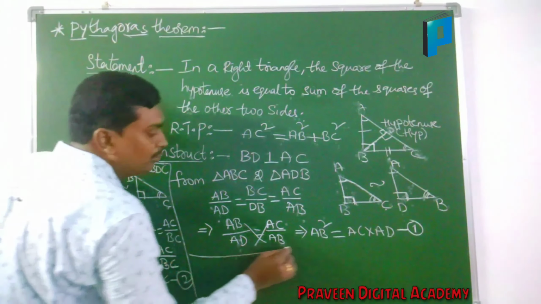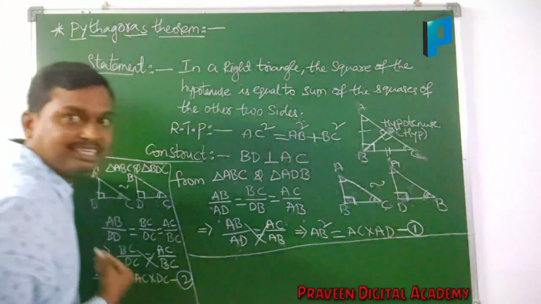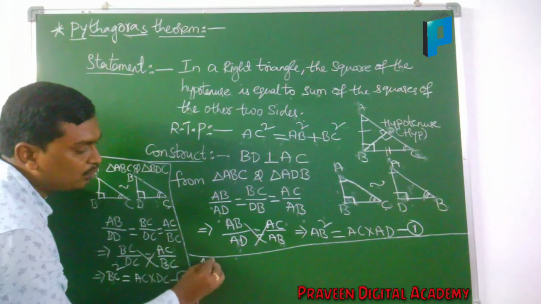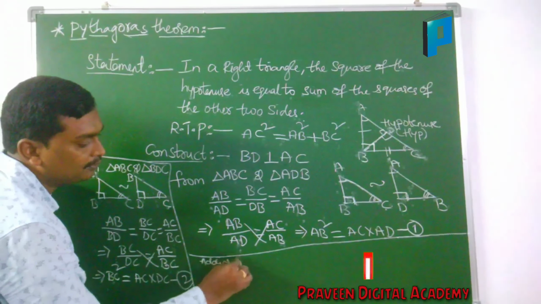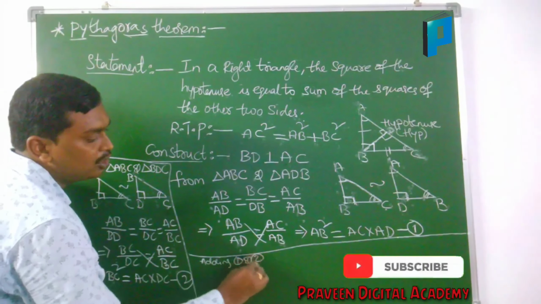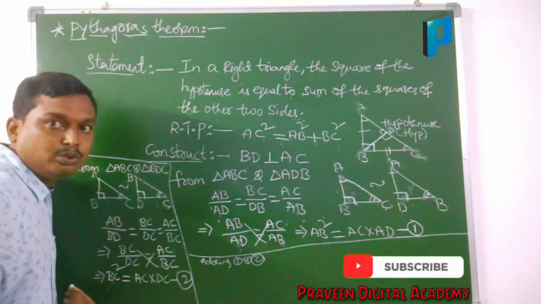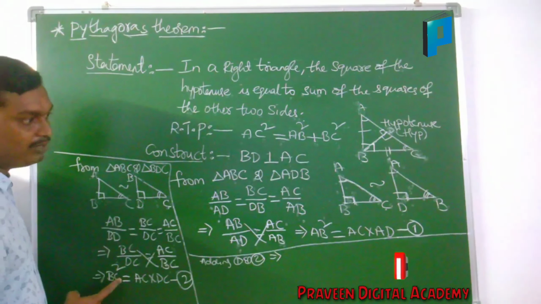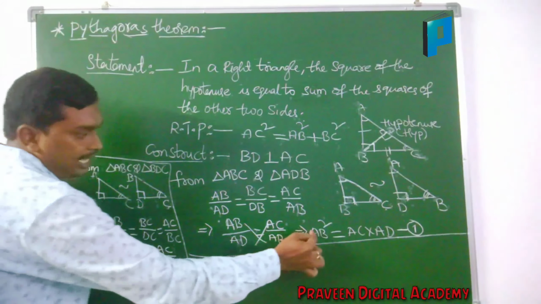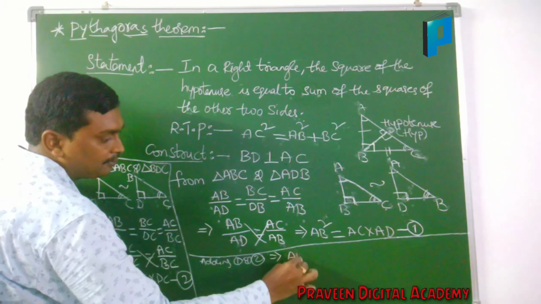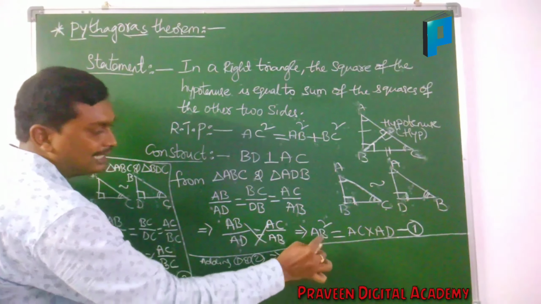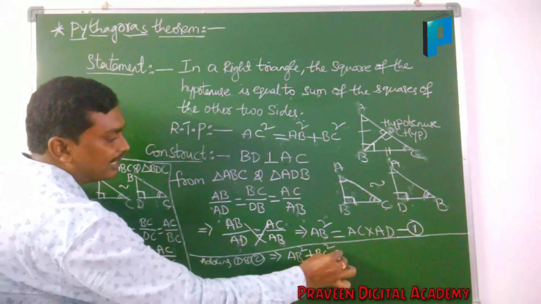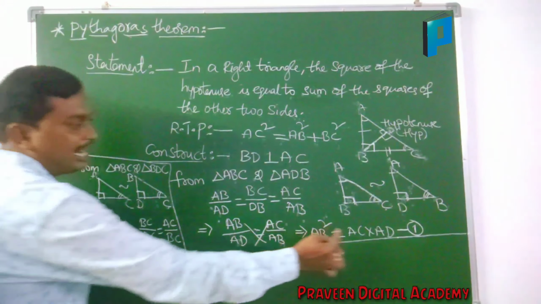Now what we will do is add equation 1 and equation 2. Adding 1 and 2 we will do here. Here by adding, what you will get? AB square plus BC square is equal to what we are having here?